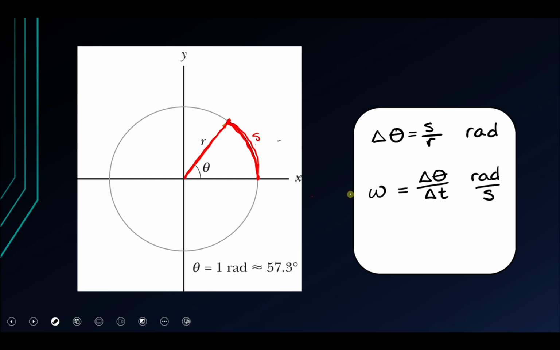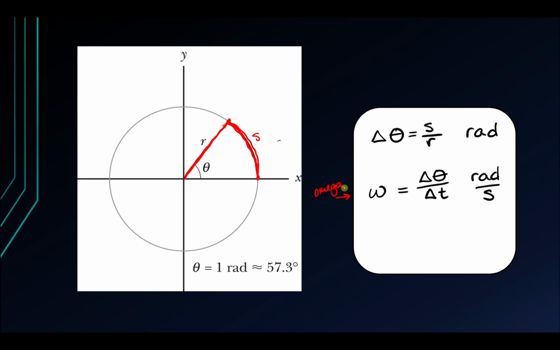This is the Greek letter omega. It is not a lowercase w. Omega, our angular velocity, has units of radians per second. Why? Because our angular displacement is in radians, and time is, of course, in seconds.